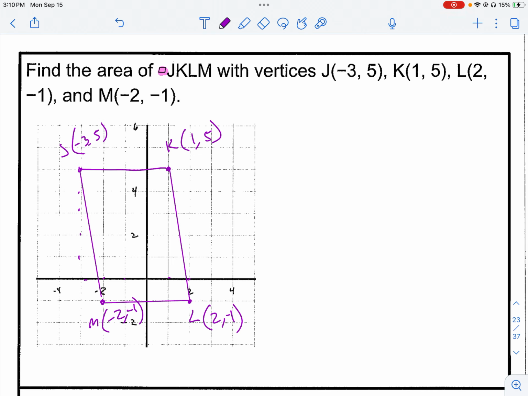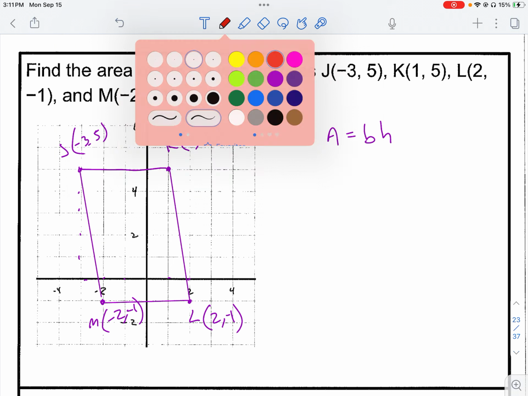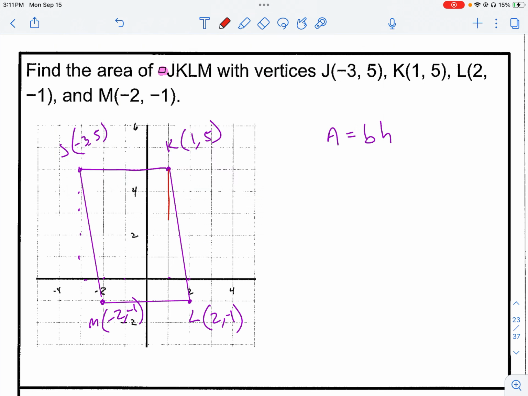Now, as we talked about way back in the second video, the area of a parallelogram is base times height. So let's put in our height measure. This gives us a right angle so we can measure.